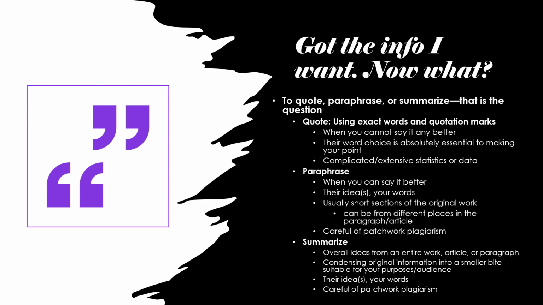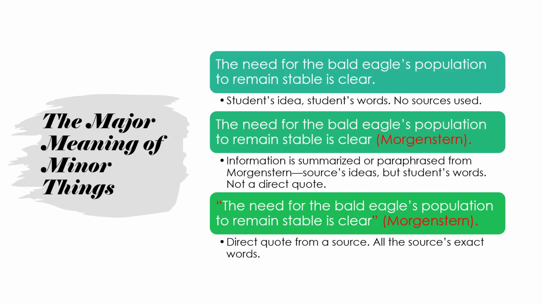And that is okay, because you're just giving this overall impression that came from somebody else, or this confirmation of a claim that you made that came from somebody else, into your essay. These are still going to be their ideas, but you're going to be using your words. Again, patchwork plagiarism can happen quite a bit with summarizing. It's a little bit more common with paraphrasing, but it can happen with summarizing.